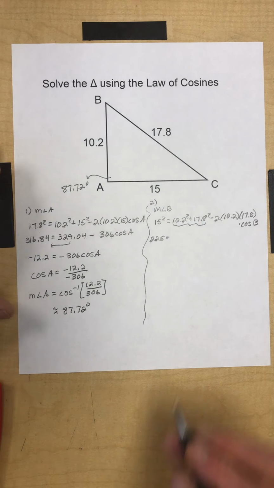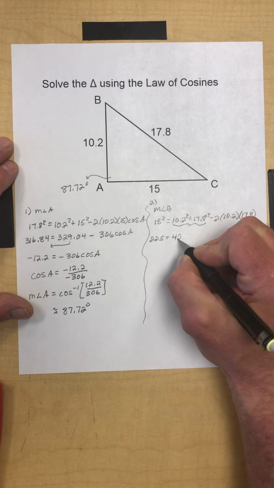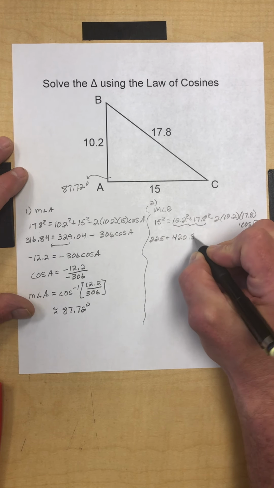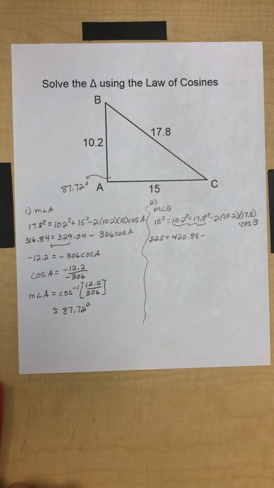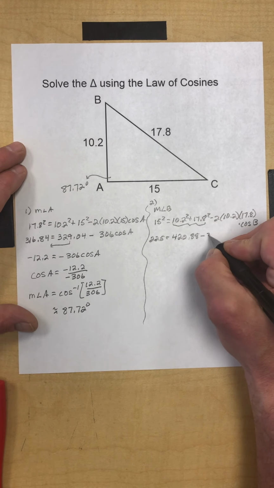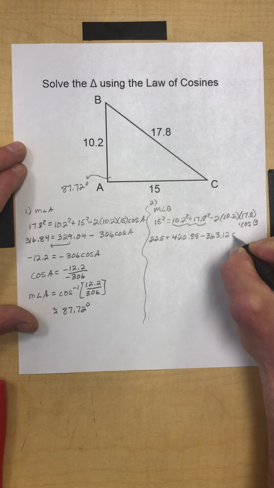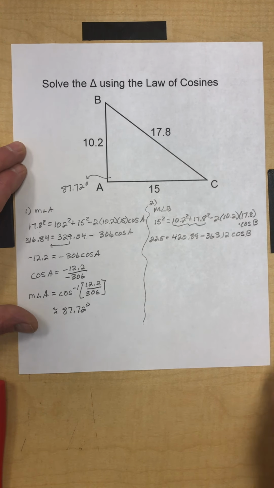Okay, I'm getting 420.88, minus 2 times 10.2 times 17.8, and I'm getting 363.12 times the cosine of angle B.